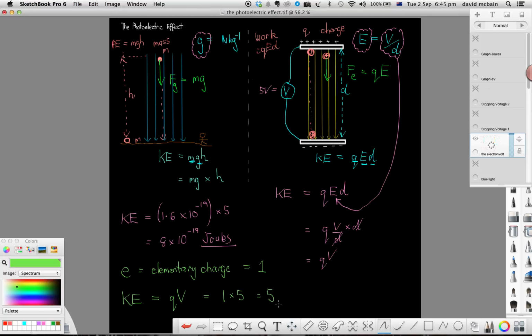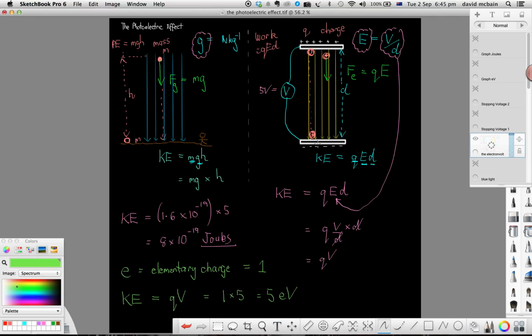That's our kinetic energy. But hang on, it's not joules anymore. That's a different number to 8 times 10 to the negative 19. And so the new unit we're using here is the electron volt. So 5 eV.